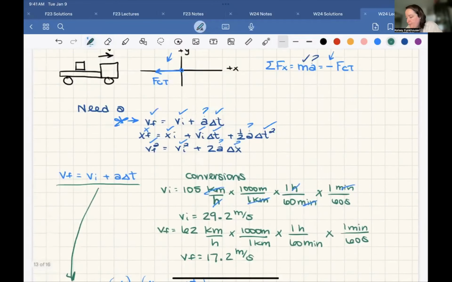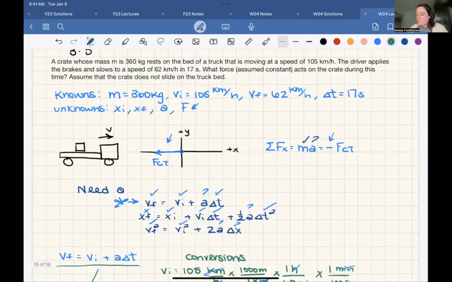I guess actually I'll go back over it really quickly, just what we did, and then we'll move on to the rest of the lecture. So we looked at our knowns and unknowns just from the problem itself. Then we drew lovely pictures and our free body diagram. There's only one force acting, so it's a really easy free body diagram. And then we did our sum of forces equation, where mass times acceleration equals the only force acting, which is negative.